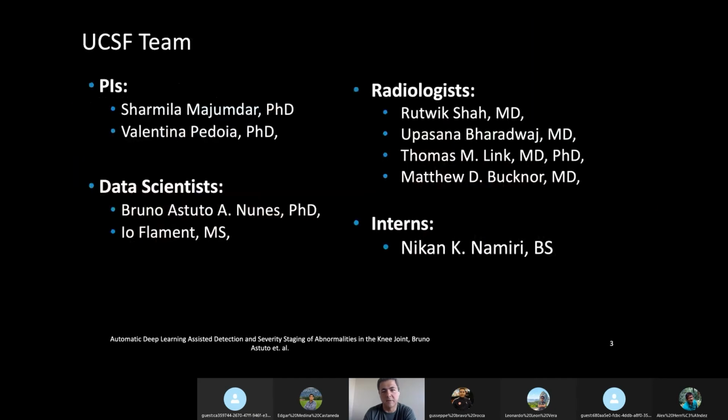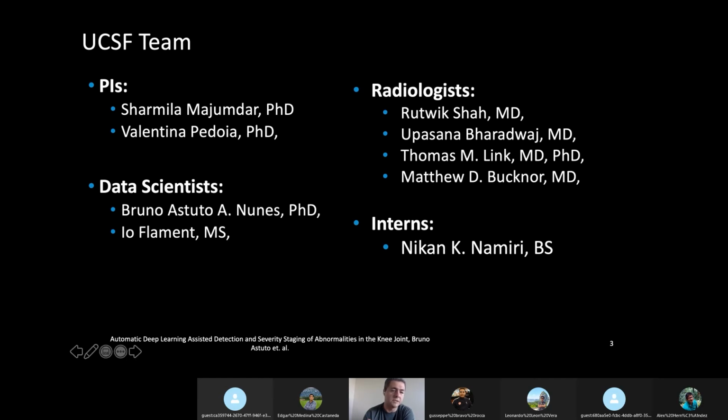So this is the team more directly involved in this project. Everything data science related was basically me, but I also worked with Io Clement and Nikan Namiri. Nikan was an intern 2 years ago in our lab, and he helped me train the models to detect ACL abnormalities. We are going to talk about the models.